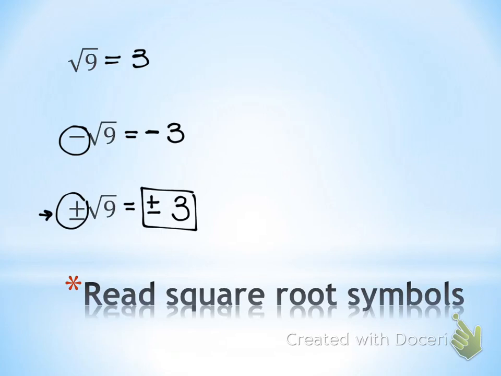Now, one other thing that I did not write on here: if you ever see something where you actually have a negative sign underneath the radical, there is no such thing as the square root of negative 9, okay?